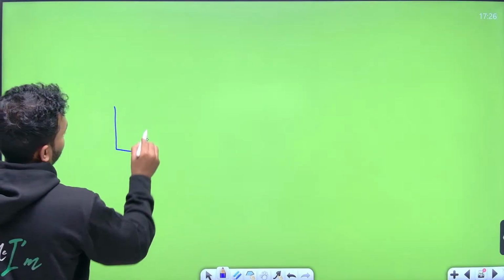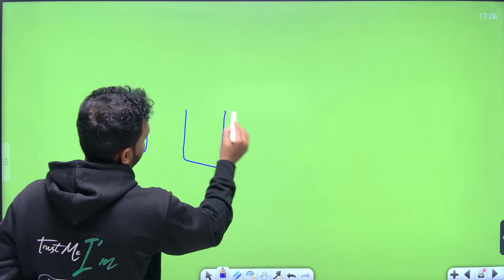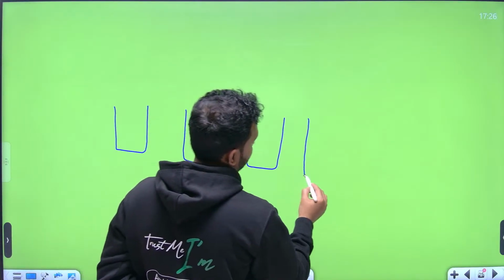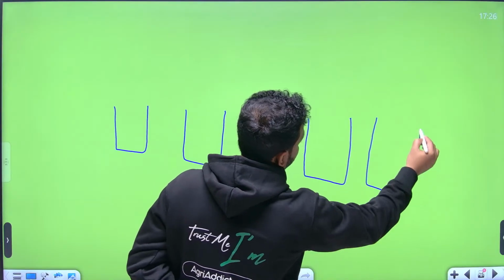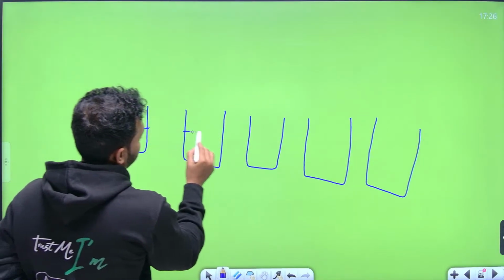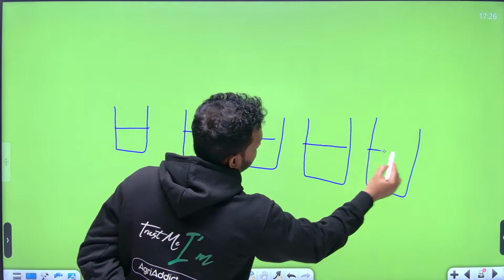I will explain this. One container, two container, three container, four container, five container. There is sucrose solution in them.